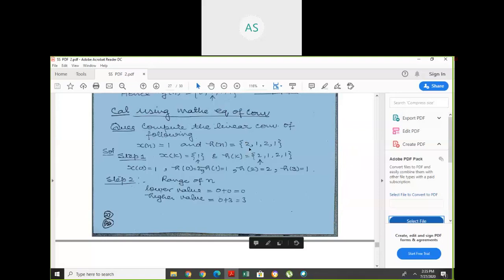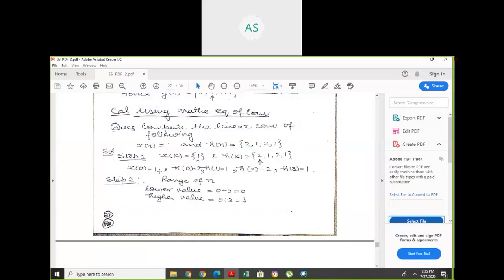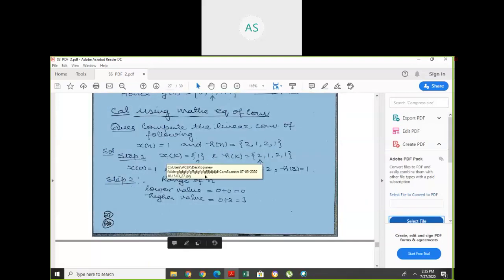So n is 0, n is 1, n is 2, n is 3. First replace x of n by x of k, and h of n is replaced by h of k. Then write the values of x of 0, h of 0, h1, h2, and h3.